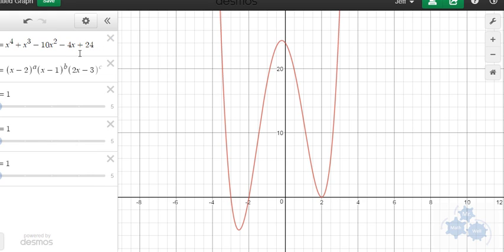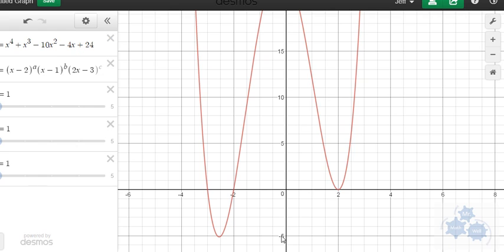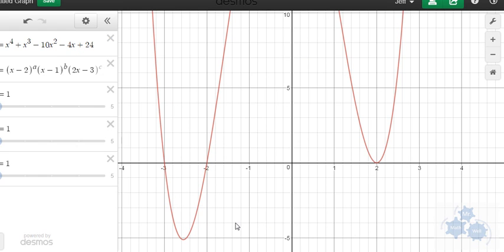Okay, very good. All right, so the question says, from the graph here, what are the x-intercepts of the graph? I know you have that on your calculator, but let's zoom in a little bit here. What are the x-intercepts here? They appear to be x equals negative 3. They appear to be x equals negative 2.